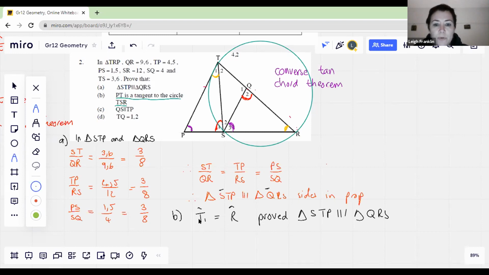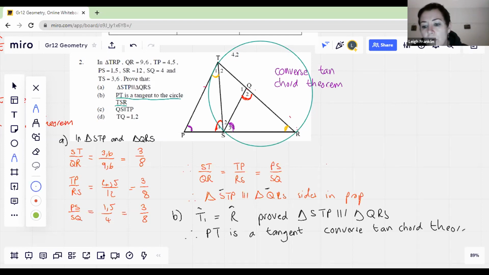So now that I've proved T1 equals R, therefore I can conclude PT is a tangent, and my reason: converse tan chord theorem. That's supposed to be an R, by the way.